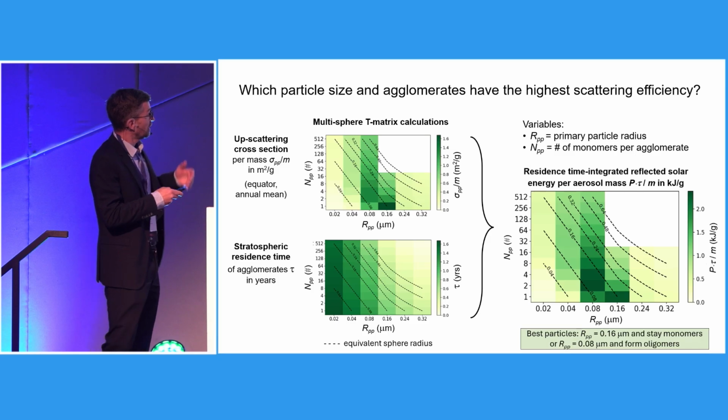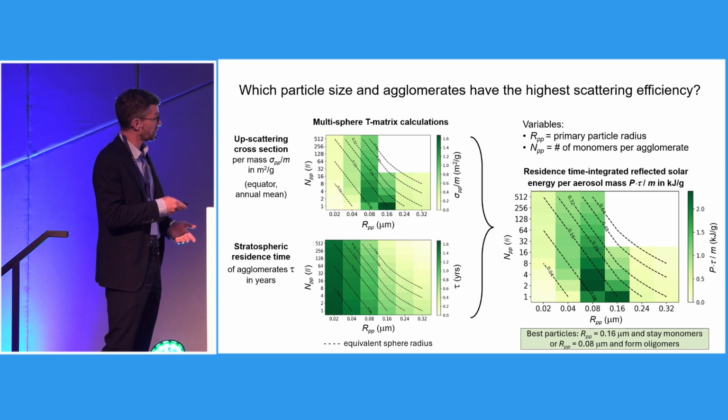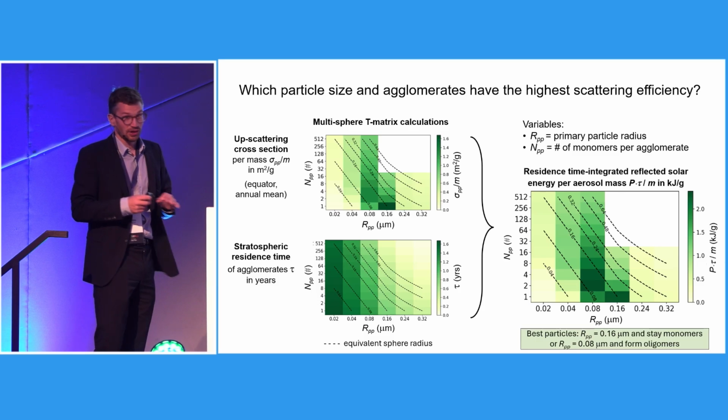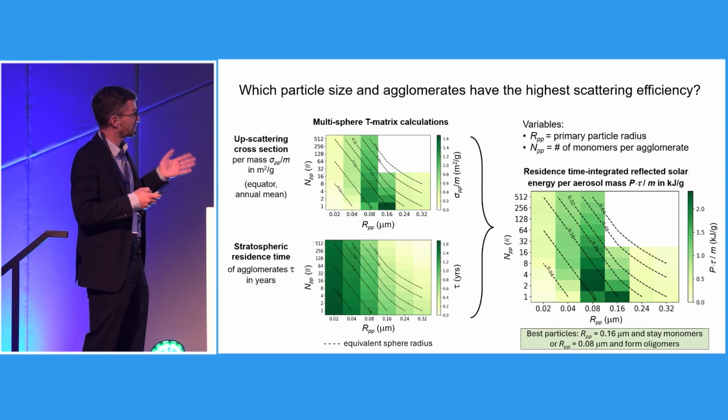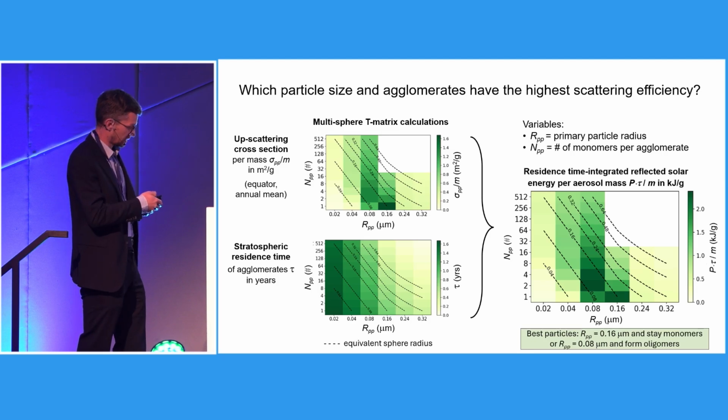So this is the residence-time-integrated refracted solar energy per aerosol mass of a particle of this size or an agglomerate of this size of monomer particles. So this is kind of the optimal size. But when you are beyond this or below this, you get a significantly smaller scattering efficiency.